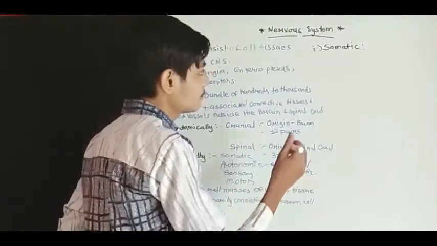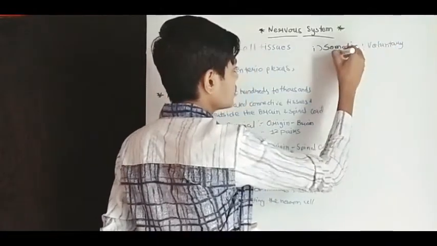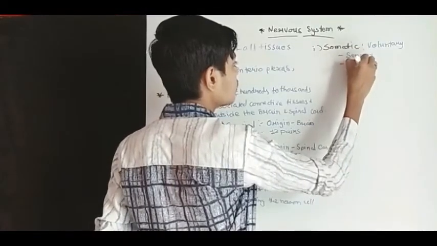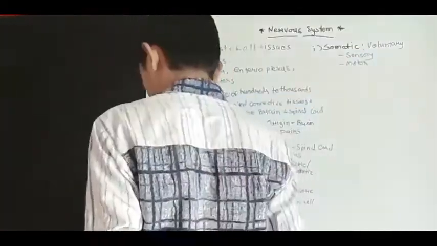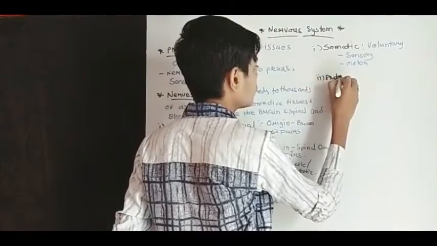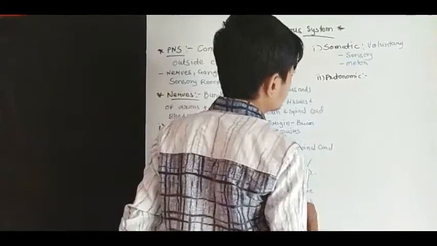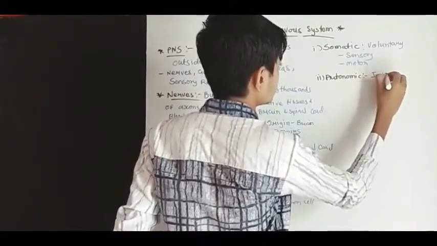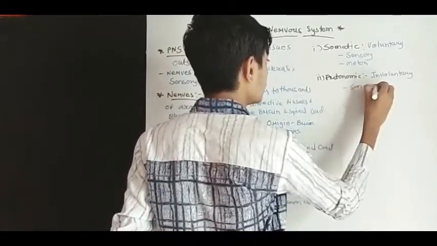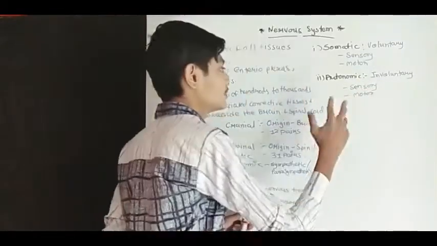First of all, the somatic is the voluntary nervous system, which contains both sensory and motor nerves, and the second type is autonomic, which is involuntary, which is not in our control. It also contains both sensory and motor nerves. But here is a twist.